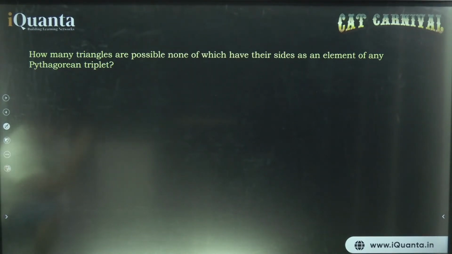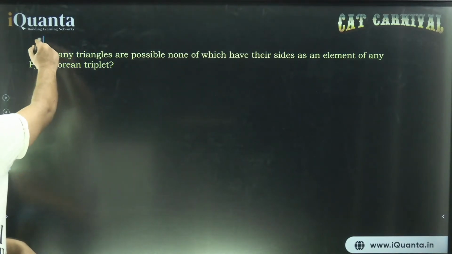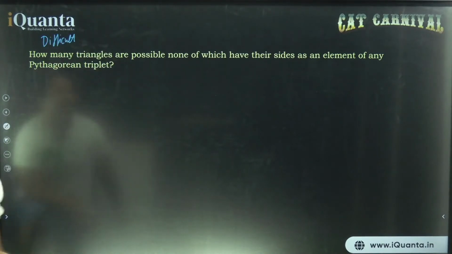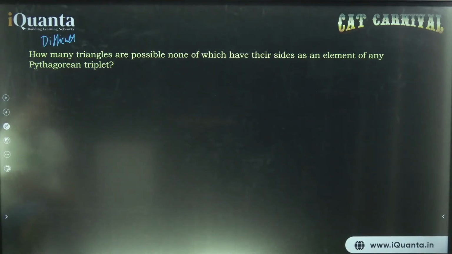And this question is actually very difficult. I would rate this question as difficult. And today I'll take you back to a story which I was a part of when I was just a CAT aspirant like you guys. But before that, let's try to solve this question. And do you understand this question or not?